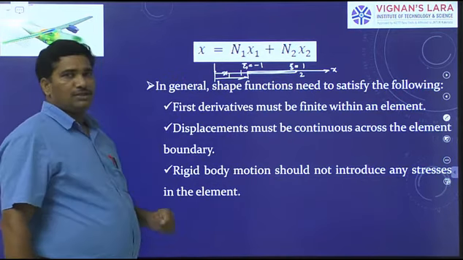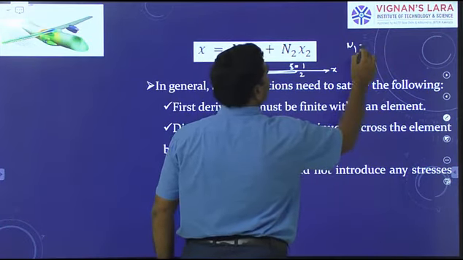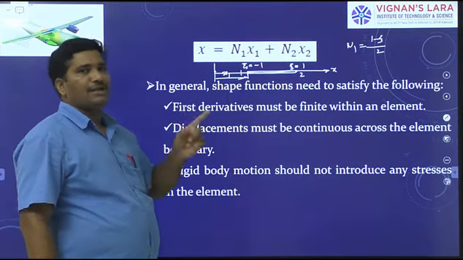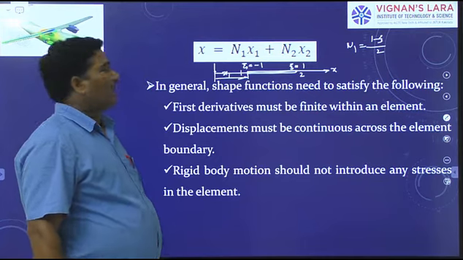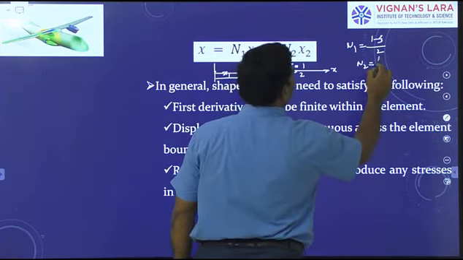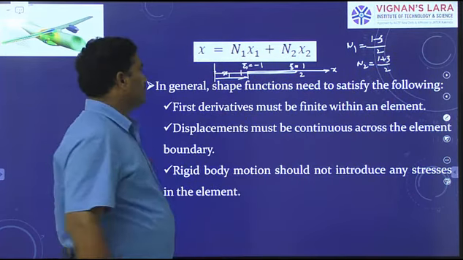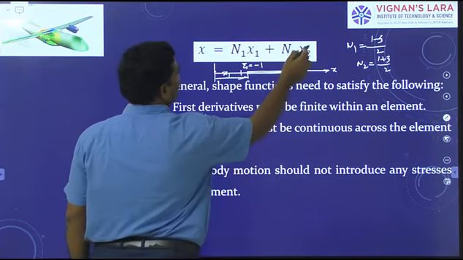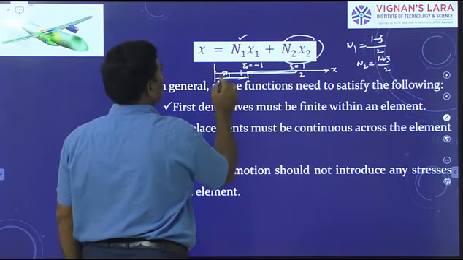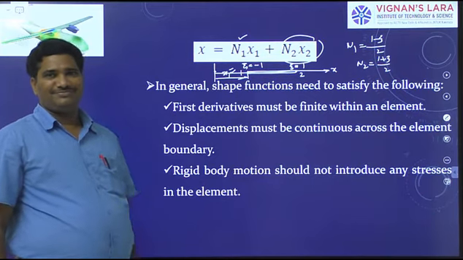Now at node 1, J equals minus 1. What is N1? N1 equals 1 minus J by 2. Put J equal to minus 1, then N1 equals 1. At the same node, N2 equals 1 plus J by 2, so putting J equal to minus 1, N2 is 0. N1 is unity, then x equals x1.